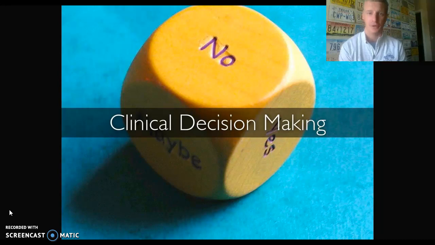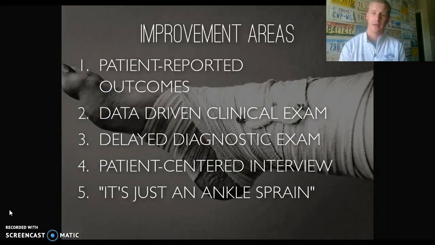Yes, I probably could push right on the ATF, elicit pain, do some range of motion testing, and tell you that you have an ankle sprain and we're going to need to tape you and maybe take a few days off while we return to play. But I really want to take the time to go through a thorough evaluation and make sure the patient understands that this is just as important as an ACL tear. So my clinical decision making guides through there.